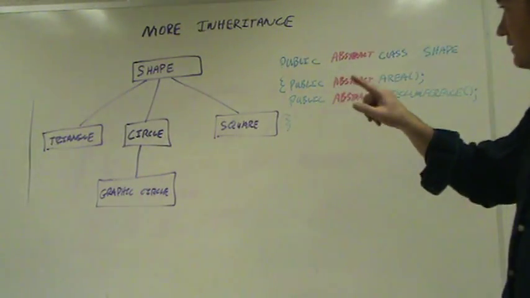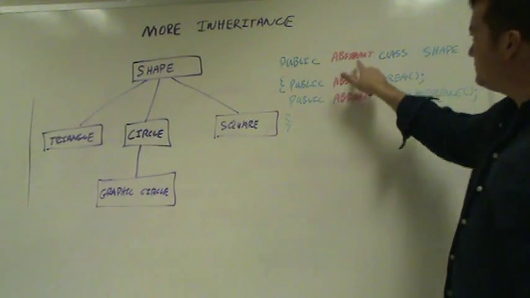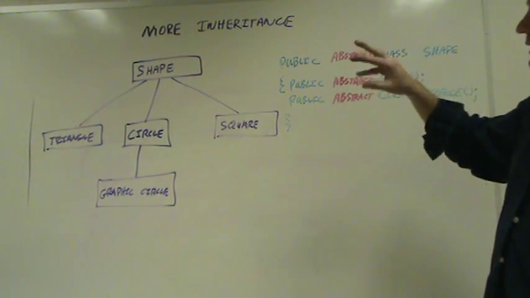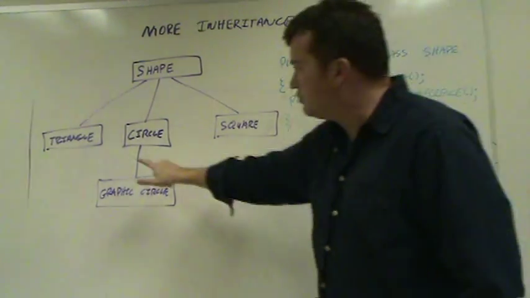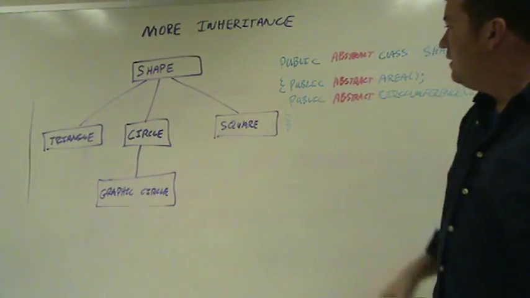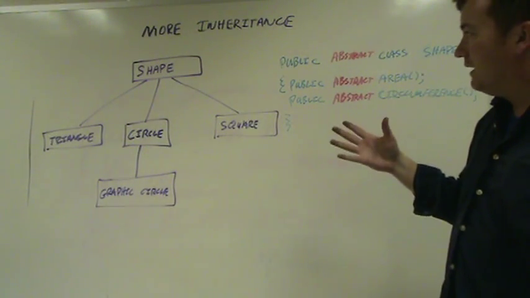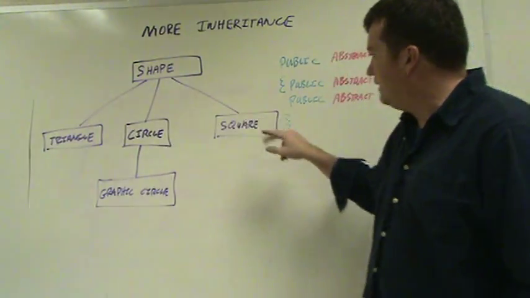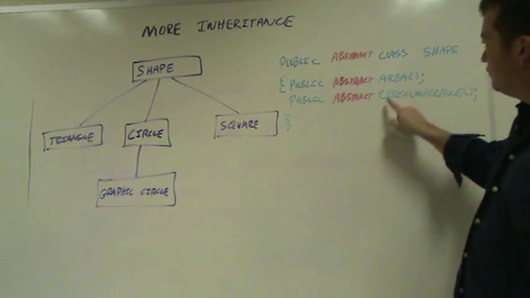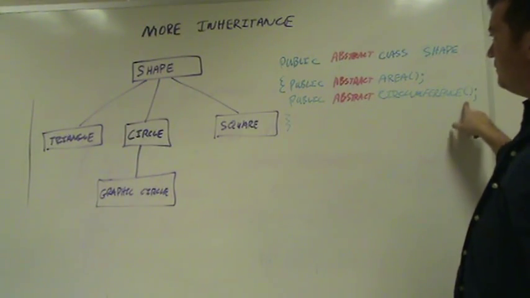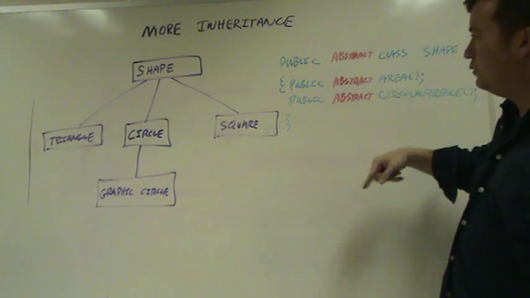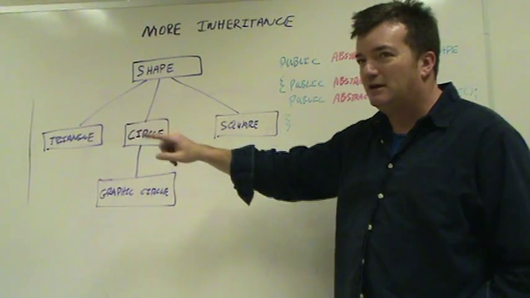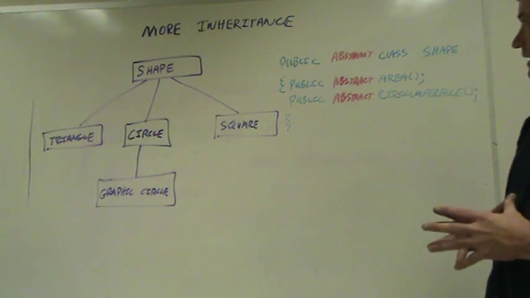Well, shape is a class, but it's an abstract class, meaning nobody will ever create one of those objects. We only create these things. Then why have the class? Well, all the classes that inherit from it are going to be forced to write these methods. Because if you don't write this method, then you will never be able to create one of these objects. So that's what an abstract class is.